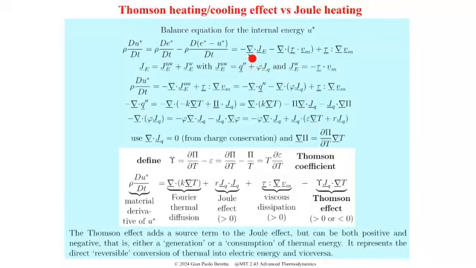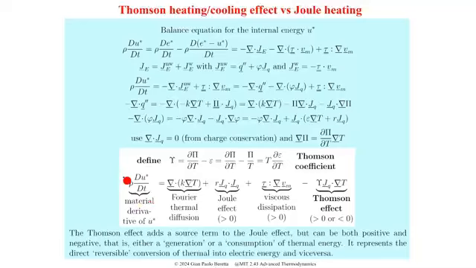Otherwise, you would have the summation of the enthalpies, partial enthalpies, and so on. And the work part is given by the stress tensor times the velocity. But if we are assuming that there's no velocity here, this really goes away. So if you get to the end, the terms that survive are these.